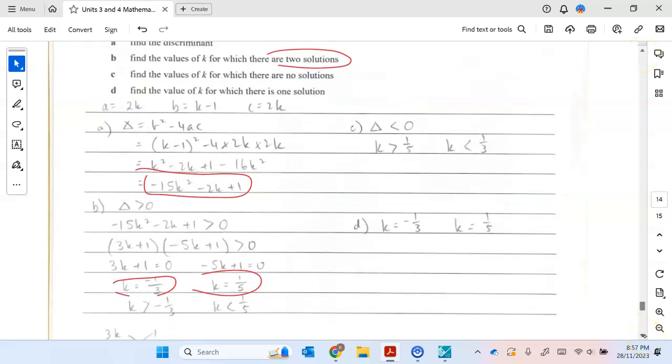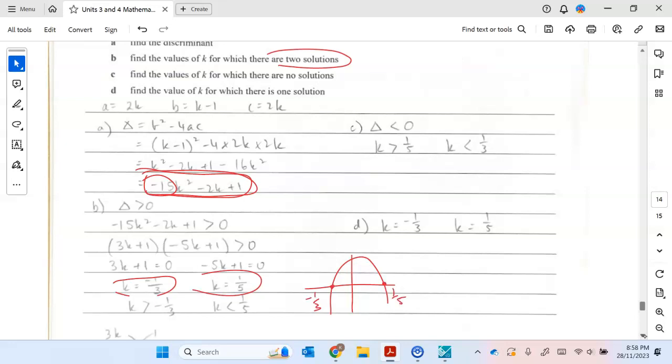So this time I'm just thinking of the quadratic. With your discriminant, see how it has a leading negative? So your quadratic is actually a reflected one like that. So here we've got -1/3 and 1/5.